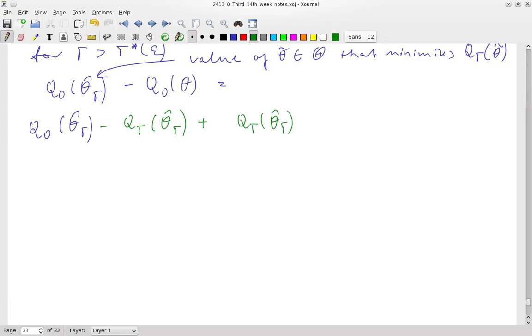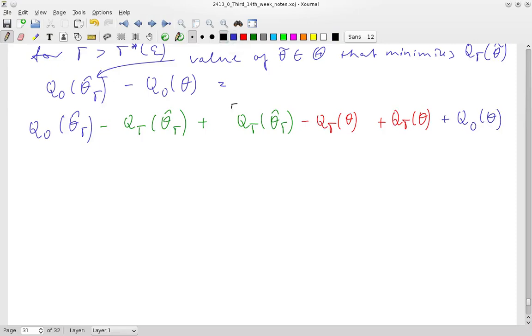Next step is I subtract qt, my objective function, evaluated at the true parameter value theta. This theta does not necessarily minimize qt, but I subtracted it, so I added it again, and I have the term q naught of theta, which is still there. So nothing changed, but I added and subtracted stuff.